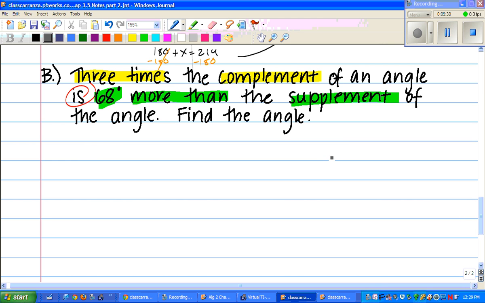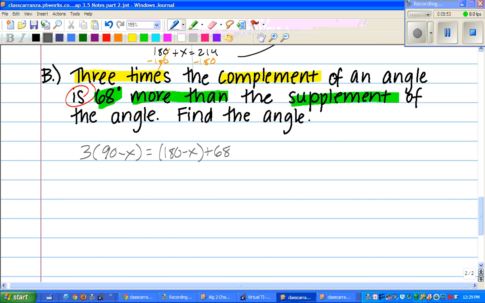So 3 times the complement, so that'd be 3 times 90 minus x, is 68 degrees more than the supplement. Okay? So now that we set this up, I'm going to let you guys go through and solve it.